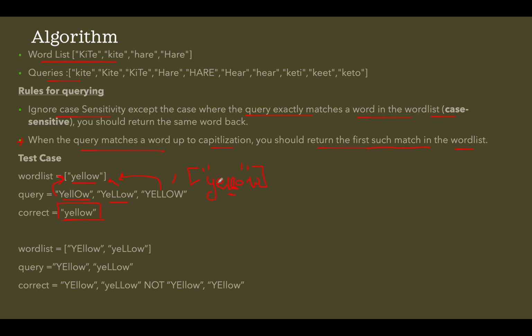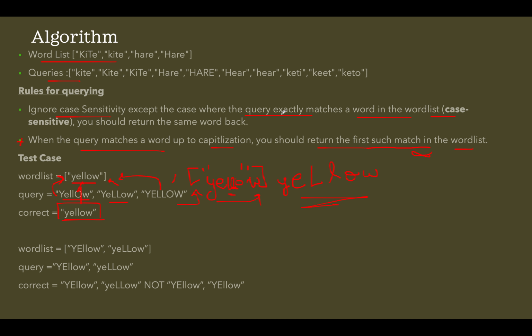So all these words also match with this word in the word list if you do a case insensitive check. Let me just rewrite this: y small, e small, l capital, l small, o small, and then w. But we have to return the first instance that matched in the word list, which would be this yellow, not this one. Had this not been there, we would have used this as an answer. Hope you understood the second rule.